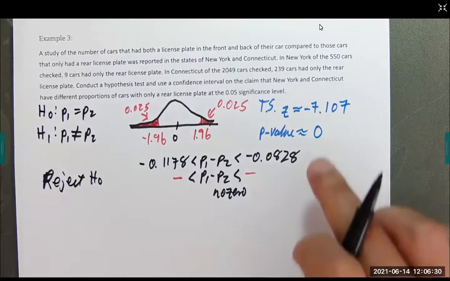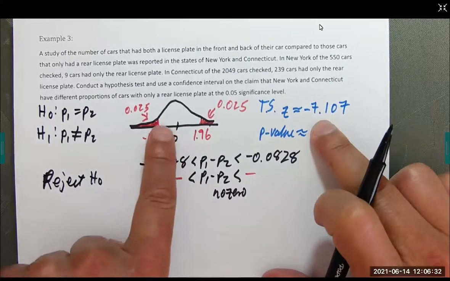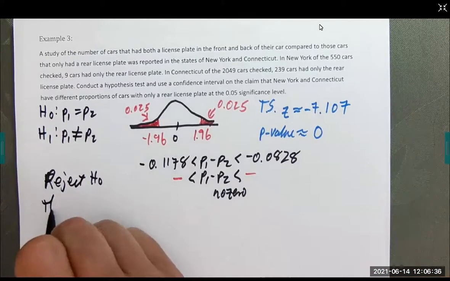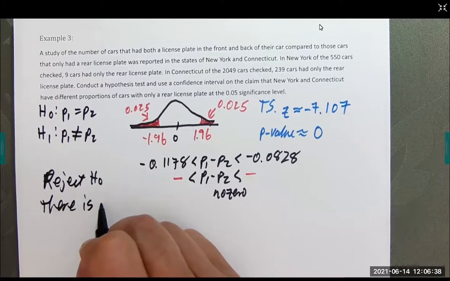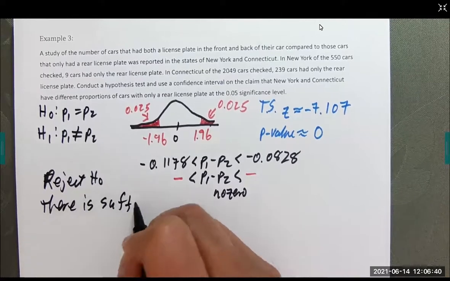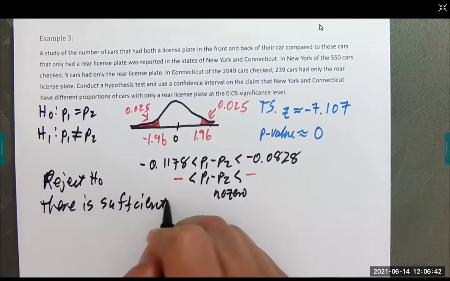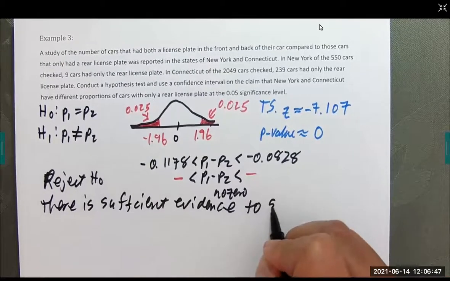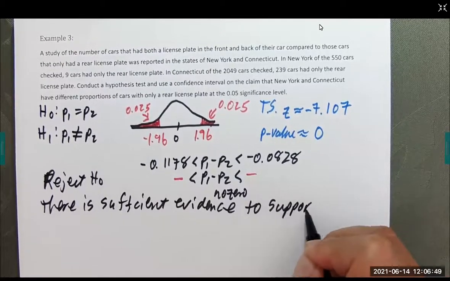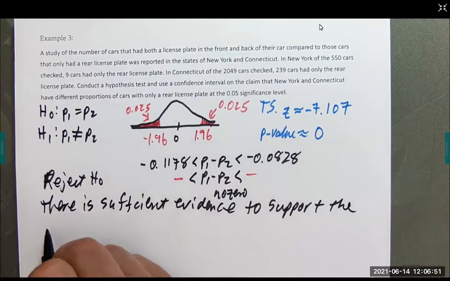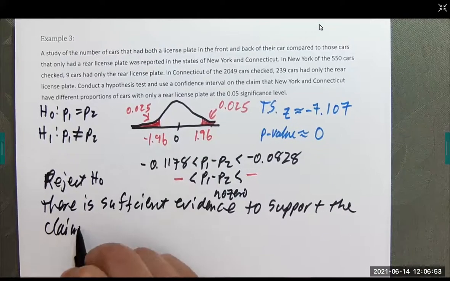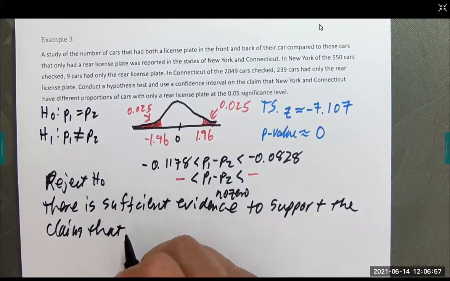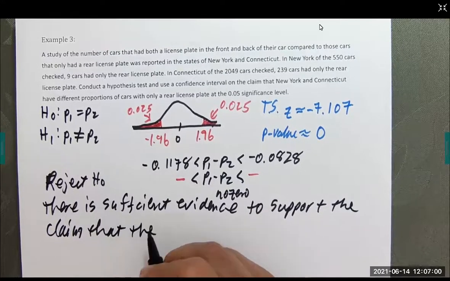And I would draw on the -7, but that's going to be way out here somewhere. The proportions are different.